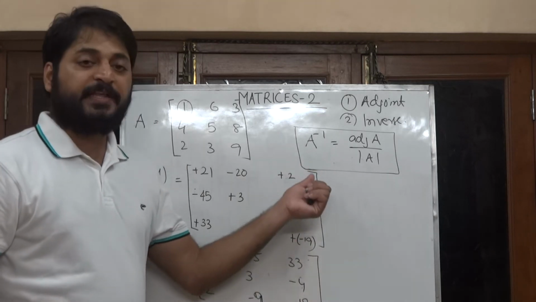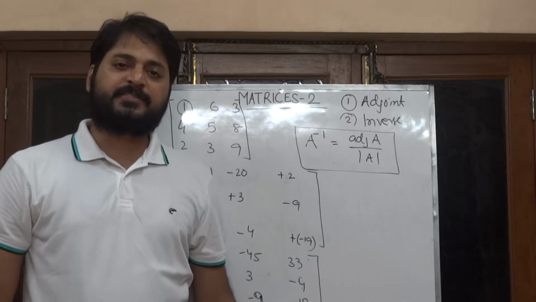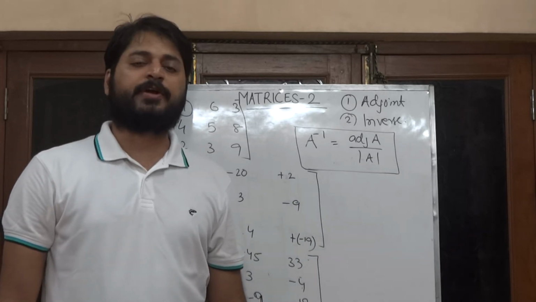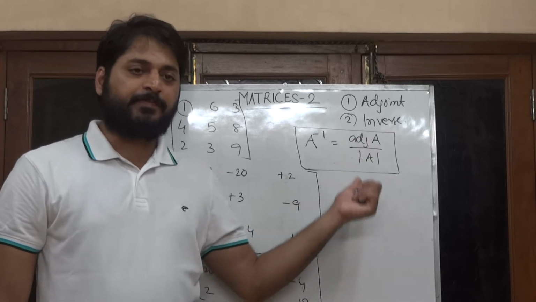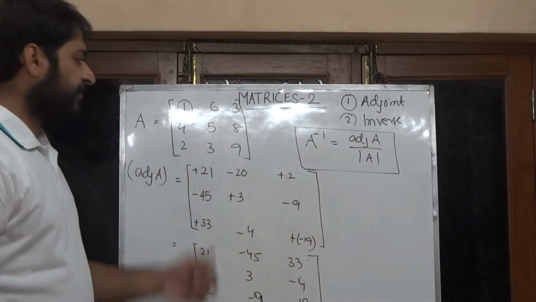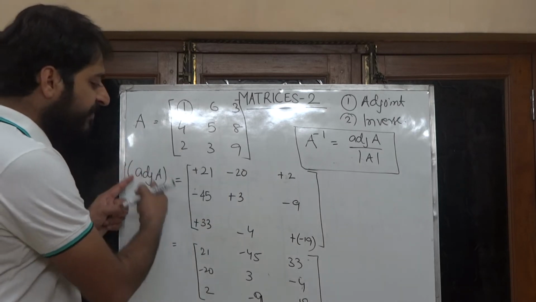While evaluating the inverse, first find the determinant. If the determinant is 0, just write inverse does not exist. But if the determinant exists, then we'll proceed and find the adjoint of A. For this one, to find the A inverse, I have the adjoint.